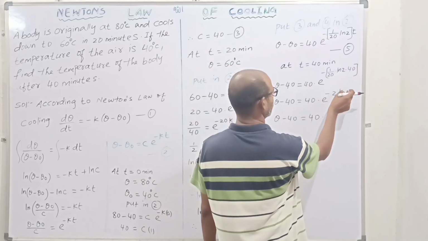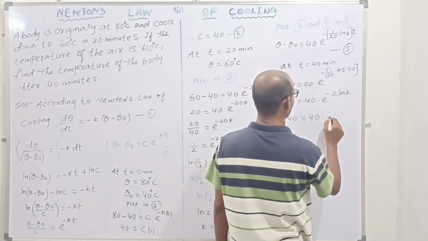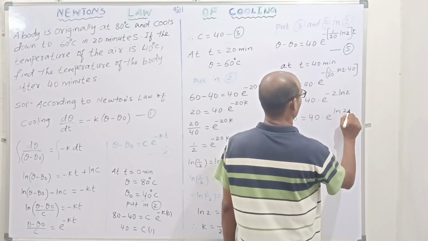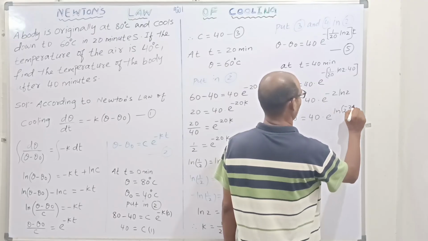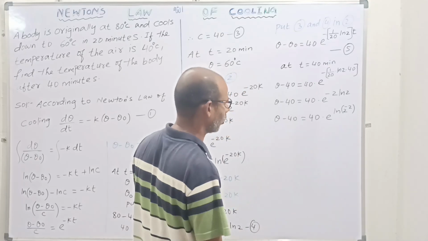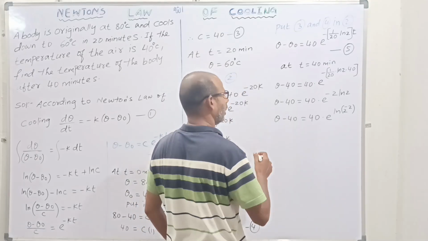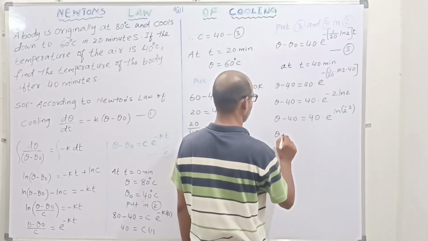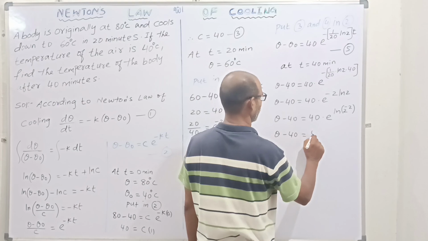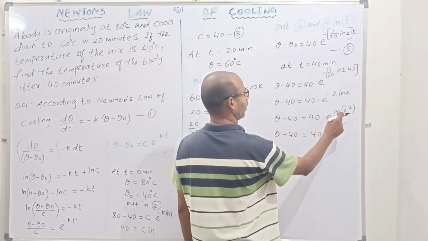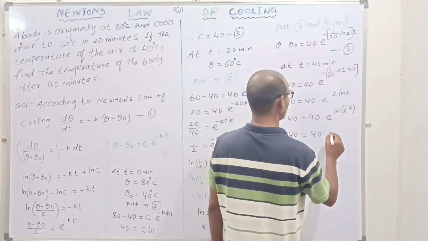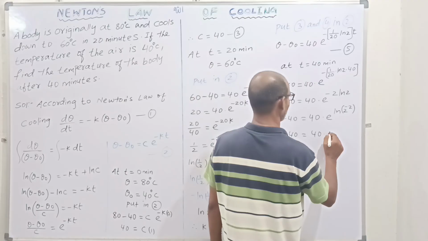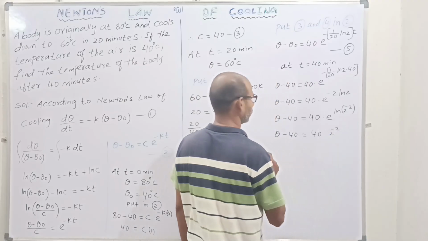Now I will take this minus 2 to the power of 2. So it becomes e power ln 2 to the power minus 2. So 2 to the power minus 2 is how much? e power ln f of x is f of x. So theta minus 40 is equal to 40 into 2 power minus 2.